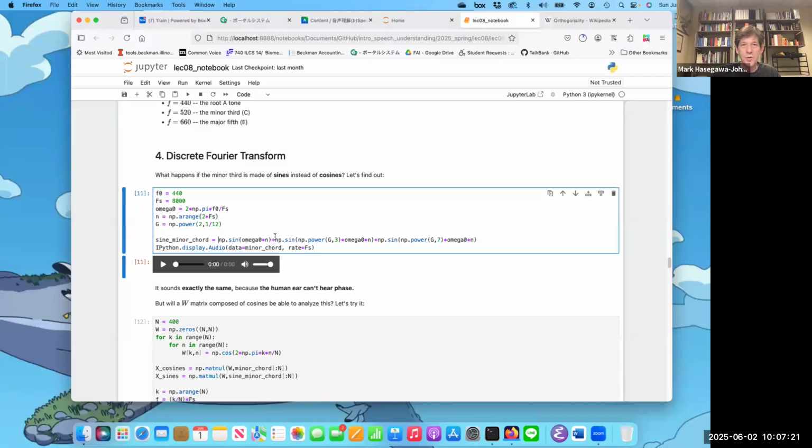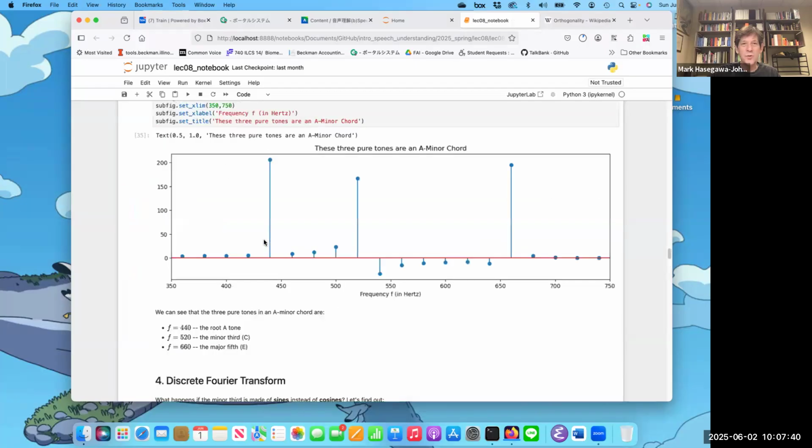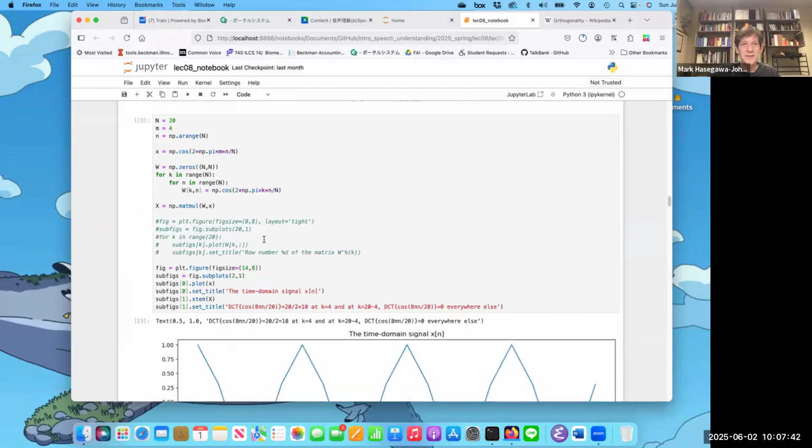Let me make up a minor chord where I have the sine of omega naught n and the sine of the corresponding C note and the sine of the corresponding E note, and let me add those together and listen to it. There's the minor chord made up of sine waves. Let's go back and listen to the minor chord made up of cosines.